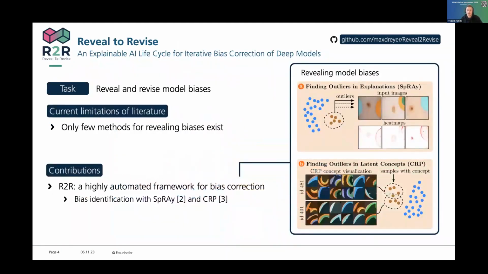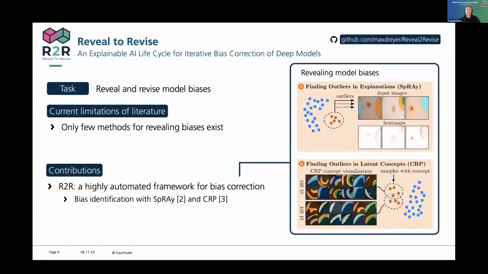First one, as mentioned before, is identification of model biases. So here, only a few methods exist in literature to automatically detect those biases. The first one that we are using is called SpRAy, which stands for Spectral Relevance Analysis, which was introduced a couple of years ago. And the idea is basically to have a pool of input samples.